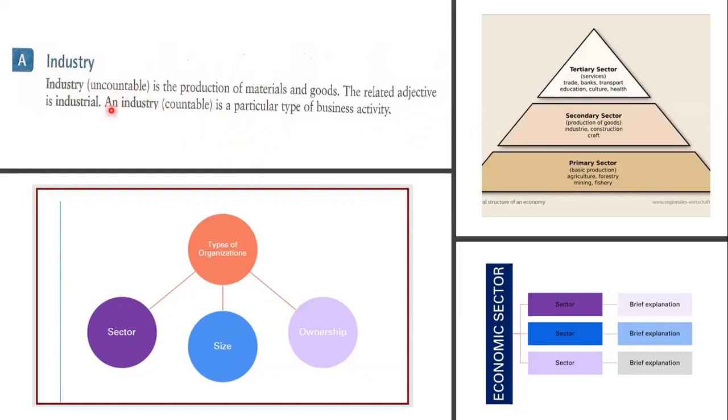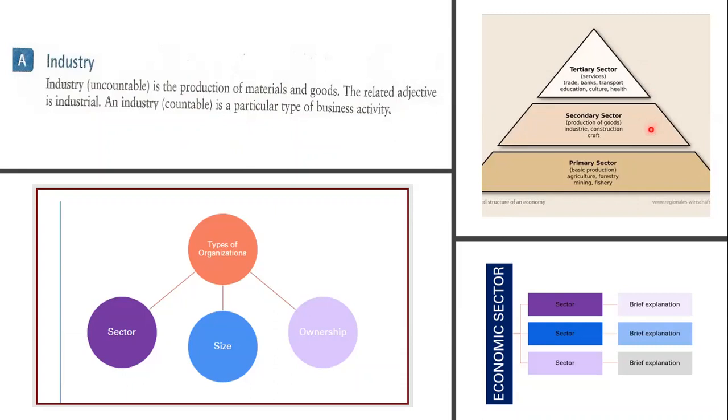So with this definition, the production of materials and goods, let's go to the right, to the pyramid. Which sector are we talking about? Primary, secondary, or tertiary?